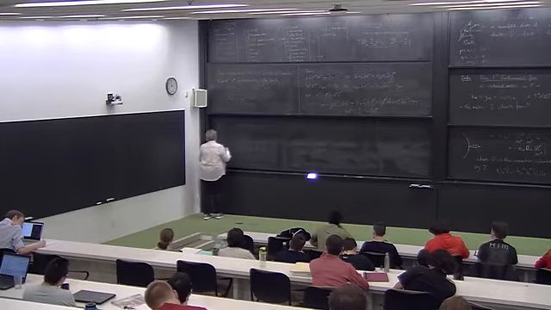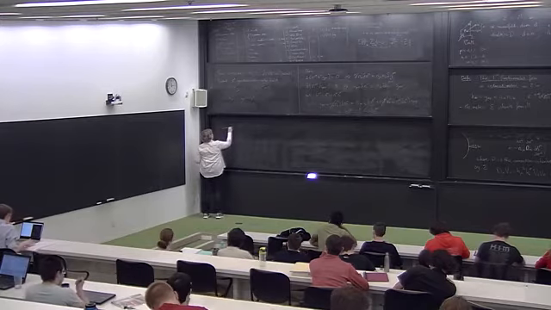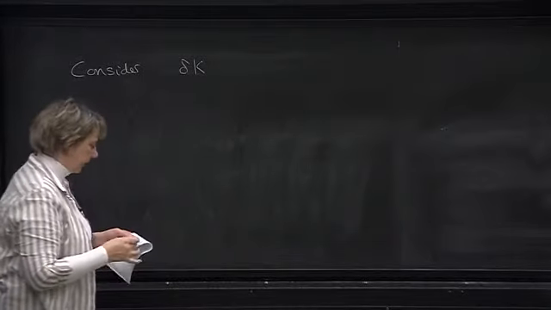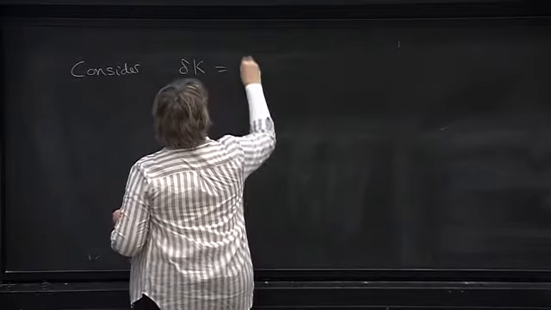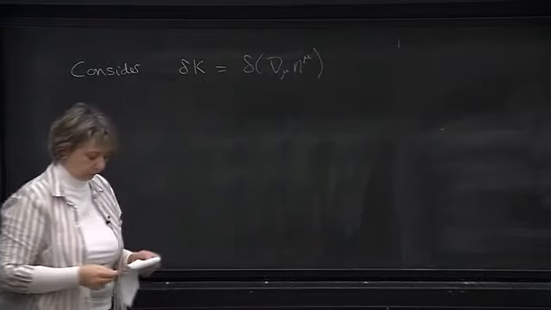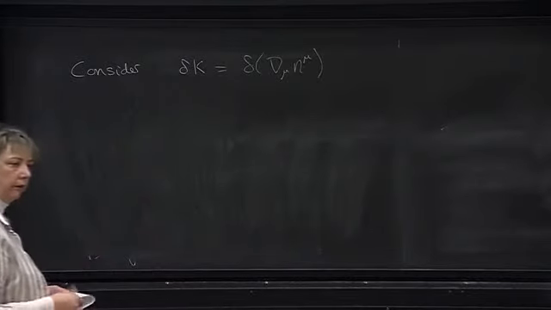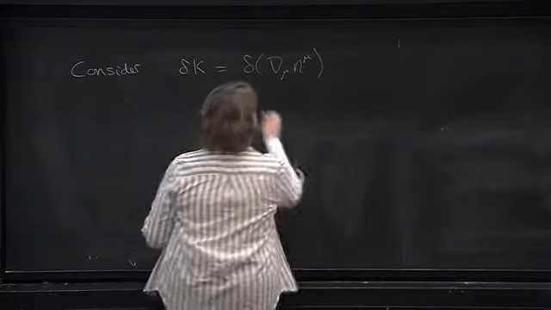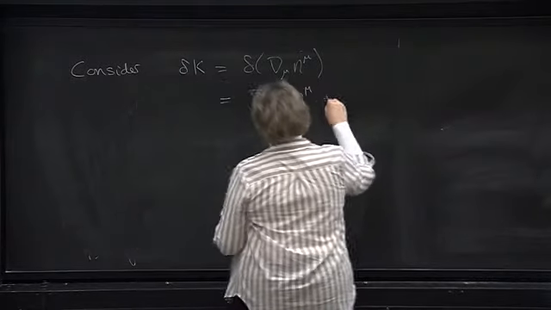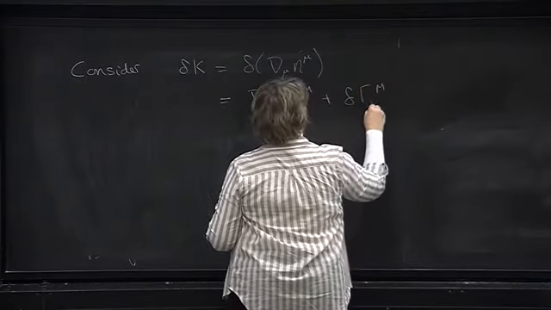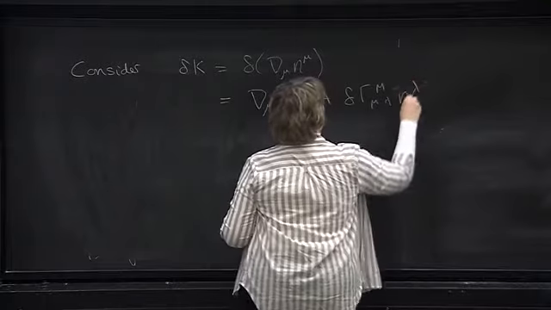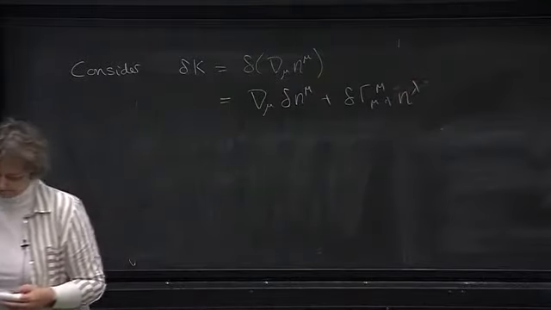So let me just consider delta k, where k is the trace of the extrinsic curvature, which is also the divergence of the normal. So if I want to look at varying delta k, that's going to be a derivative of delta n plus the variation of the connection.